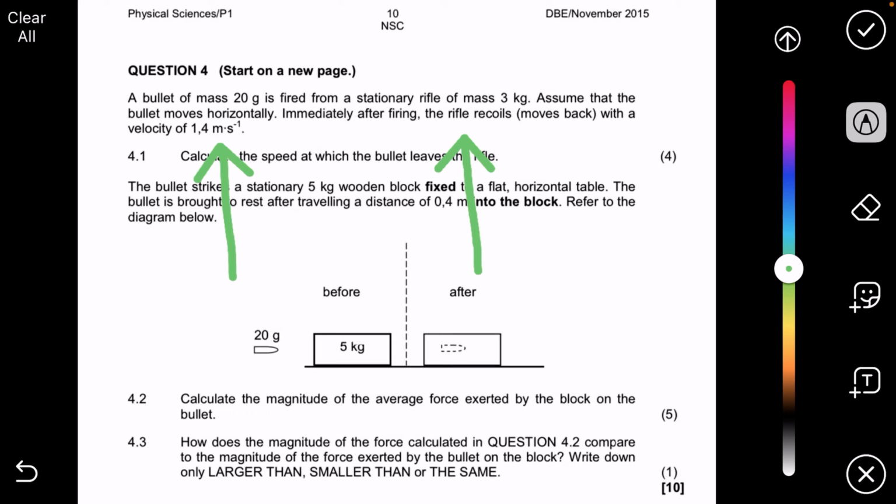Ladies and gentlemen, it's very, very much important that you are able to visualize this given statement, okay? Because in most of my previous lessons, I've always been indicating that the given statement, in most cases, is a representation of the given diagram, okay?